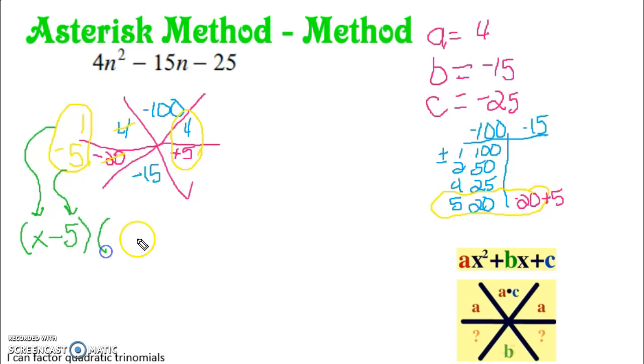Now let's go to our next binomial. Remember that the numerator for this fraction is the first term. It's the coefficient of x. So the coefficient of x on this one is 4. And then the bottom is our second term, and it's a positive 5. So there's our two binomials.